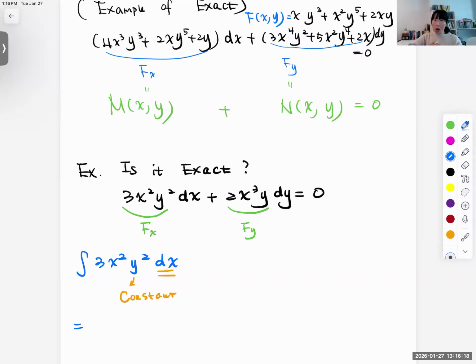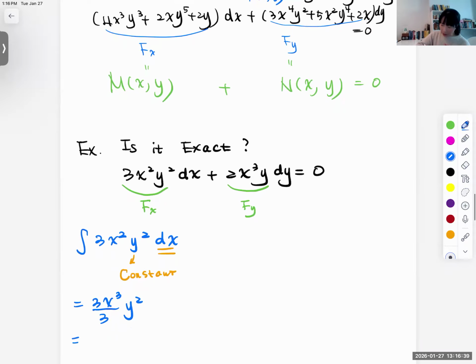We add 1 to the power of x and then divide by the new power. And y squared is constant, so we keep that constant, plus c. We simplify and we have x to the third power y squared.